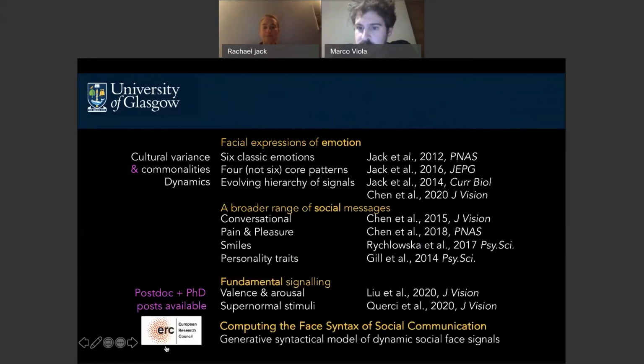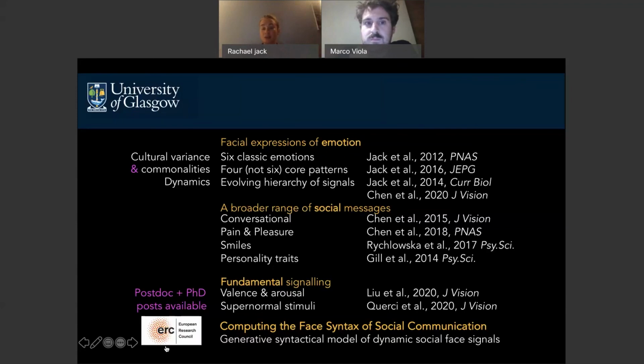Okay, so I've given you a rundown of just some of the main results from the lab using this technique, which hopefully has illustrated how we can use it to expand knowledge of facial expressions beyond 6 emotions, beyond emotions, and to use this technique in different cultures to build very rich, dynamic, and objectively derived models of facial expressions in different cultures.